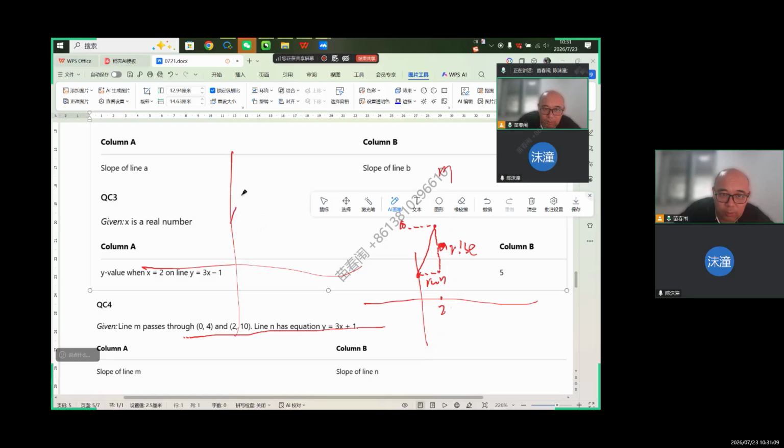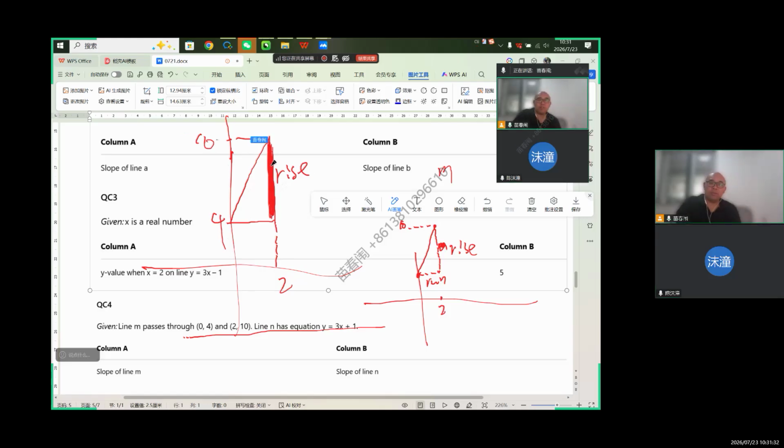Let me show this in a better way. That's 2, that's 10, that's 4. What's the length of this? Those are all the numbers that we know from the question.